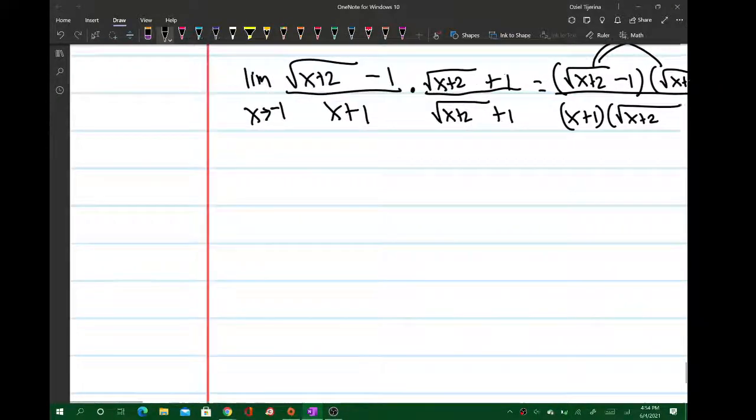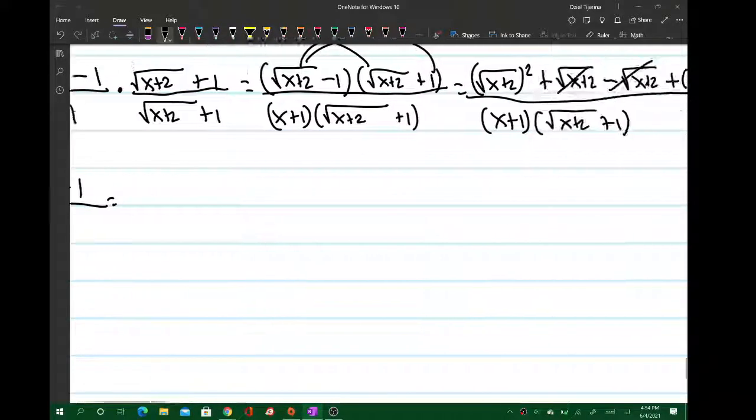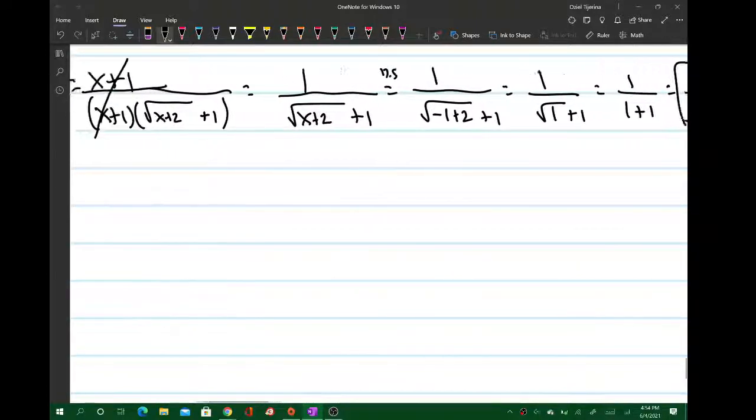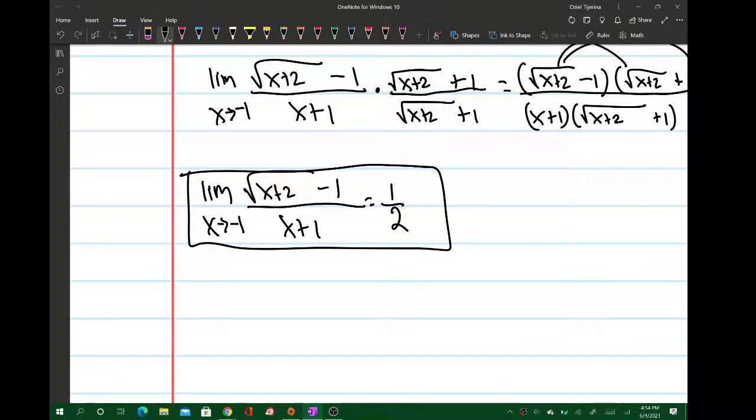So the limit as x approaches -1 of the square root of x plus 2 minus 1 over x plus 1 equals 1/2. And this is your final answer. Okay.